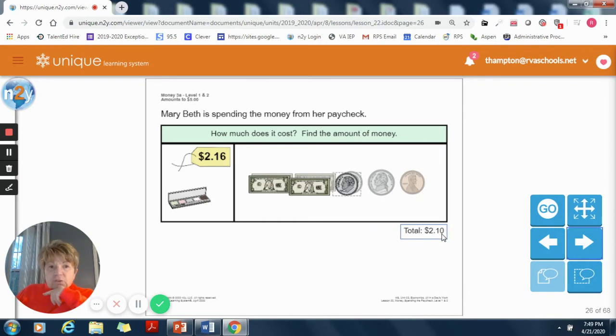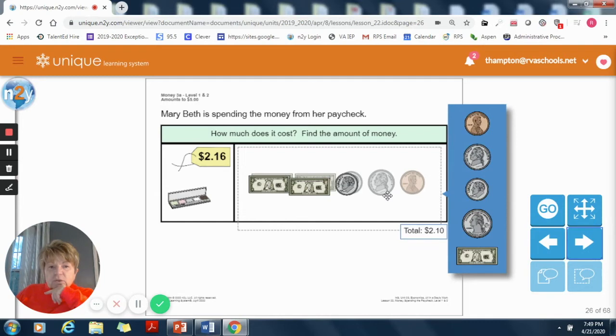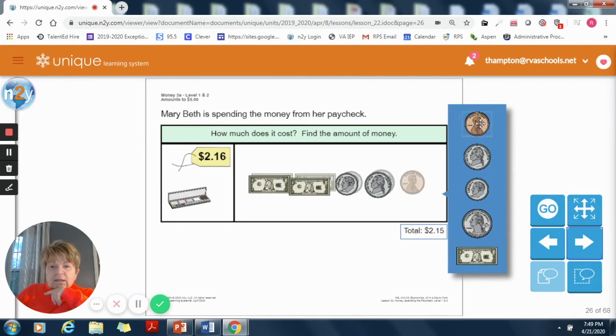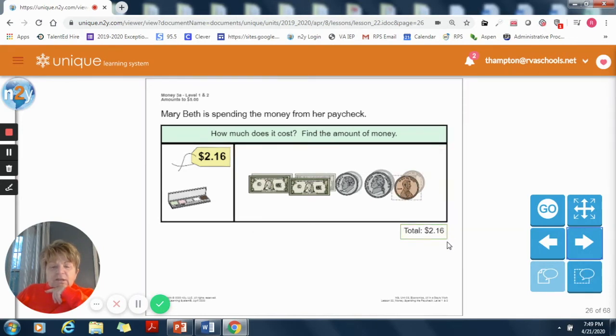You see we just went up 10 cents, right? The name of this coin is nickel, worth how much? 5. And we just went to $2.15. Excellent. And then we just need that penny to bring us up to $2.16. Excellent. Very good job.